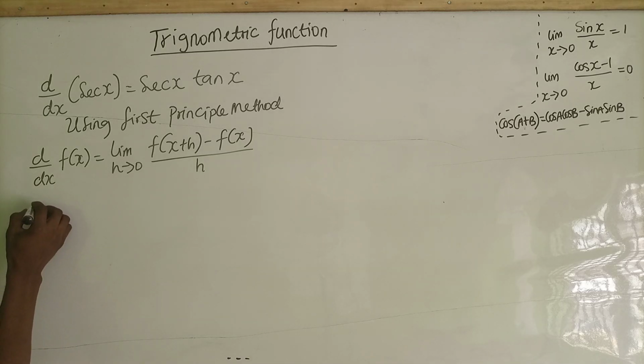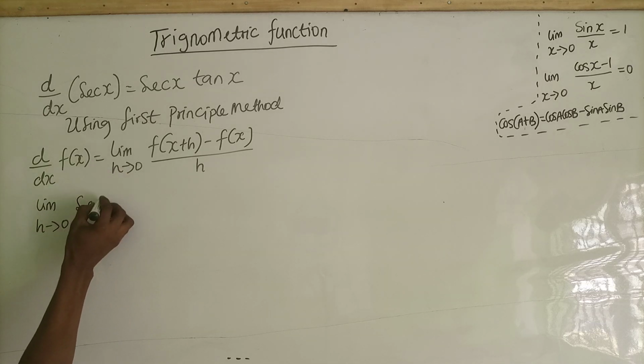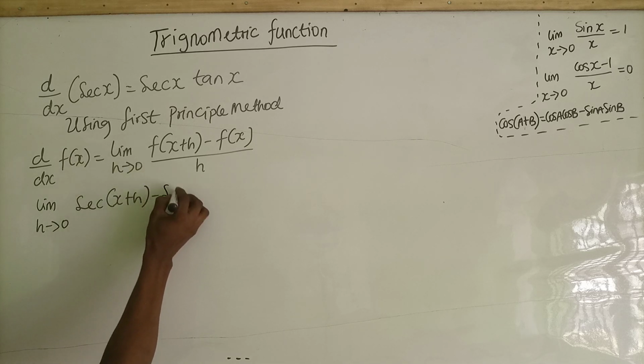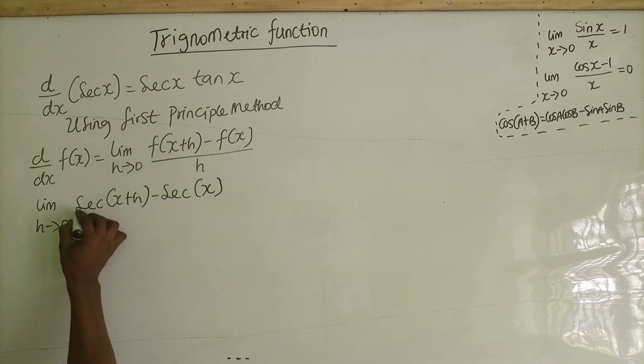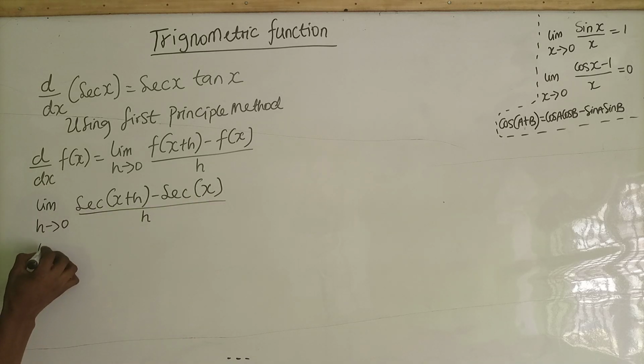So we are going to have the limit as h approaches 0. Our f is sec(x + h) minus sec x all over h. So that we are going to have the limit as h approaches 0.